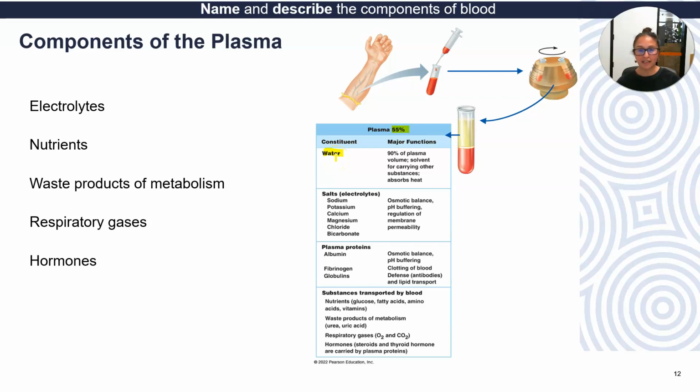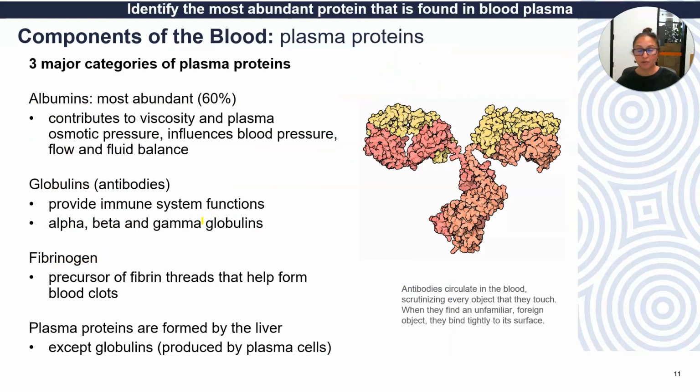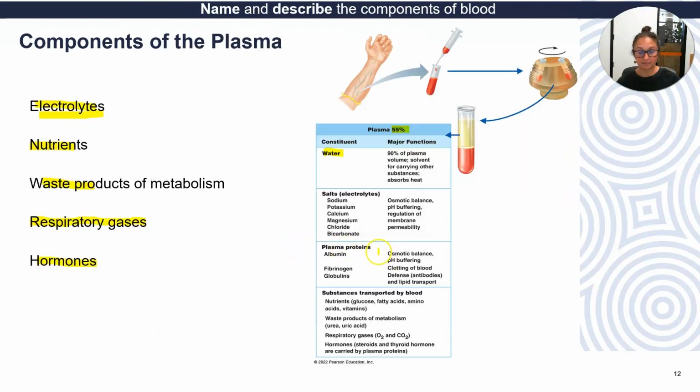What else do we have in there? We have electrolytes, we have nutrients, we have waste products, we have gases that are dissolved in the blood, and we also have hormones. And we also have plasma proteins in the blood. So these are really important, so we have to learn about those.